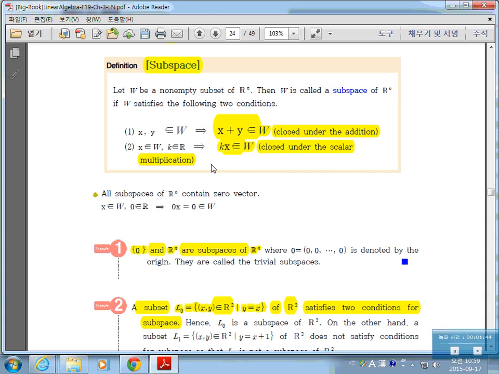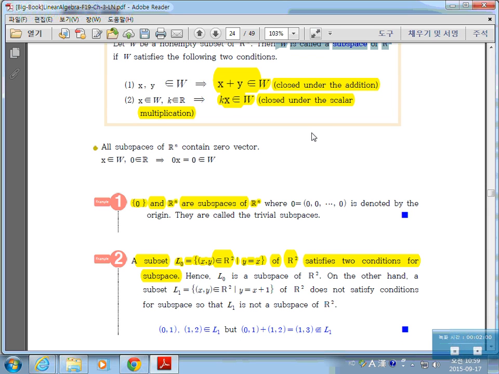So if it satisfies these two conditions, closed under vector addition and closed under scalar multiplication, then we call W a subspace of Rn. This will make many computations very easy for you.